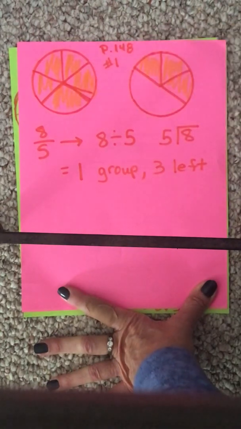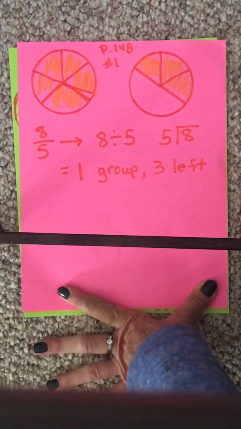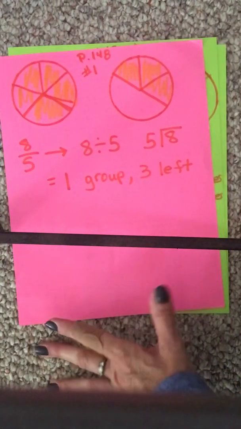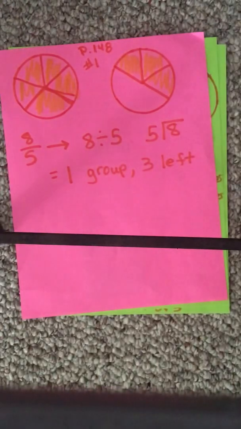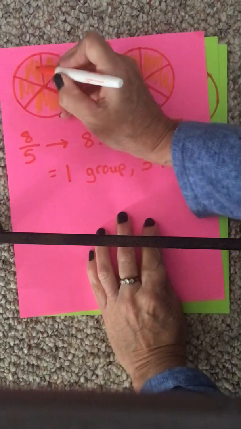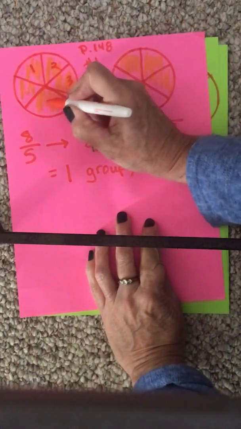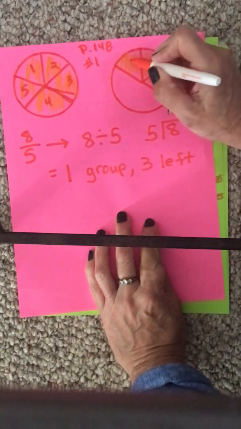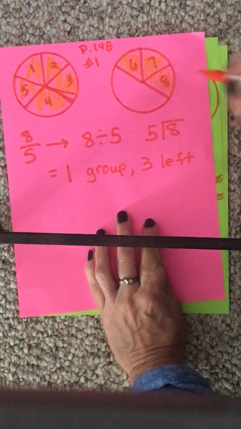One of the hardest things about this was drawing my circles. So as you can see, I've got 8 pieces of fifths, and we can count them. 1, 2, 3, 4, 5, 6, 7, 8.